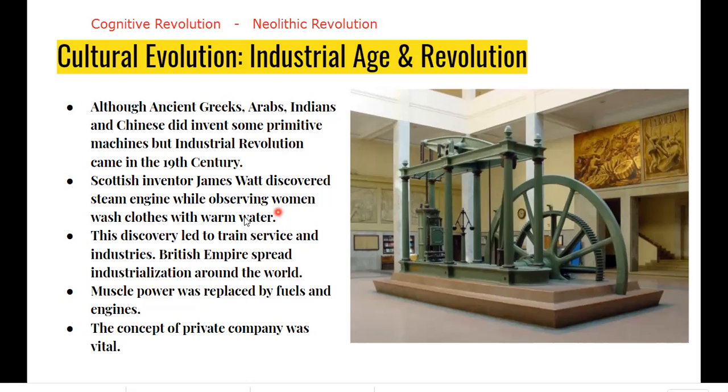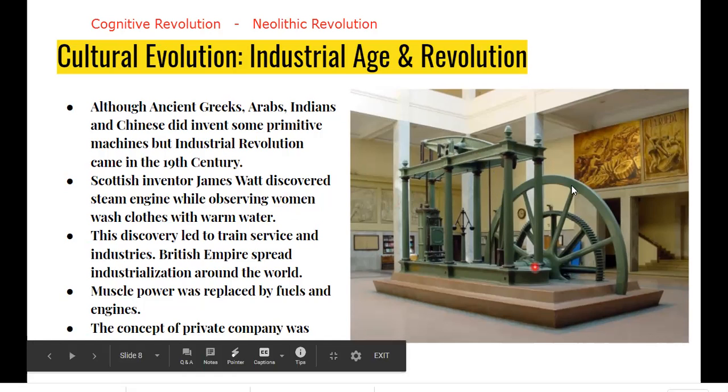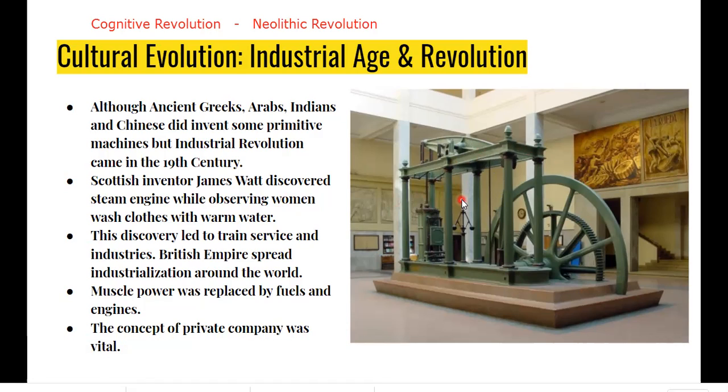So he thought, why not use steam to build an engine to move bigger objects? He developed the first steam engine in human history. It is still in the British Museum, if I'm not mistaken. This discovery led to train service, then coal mines, and then massive industries.